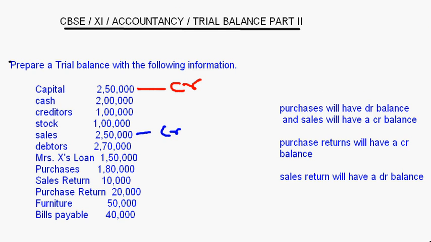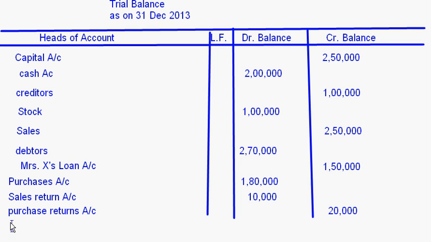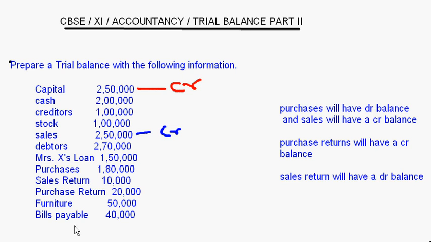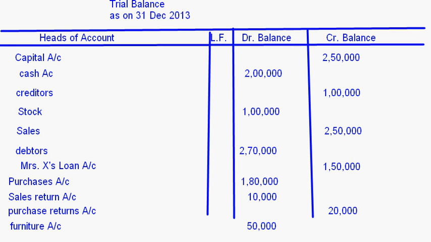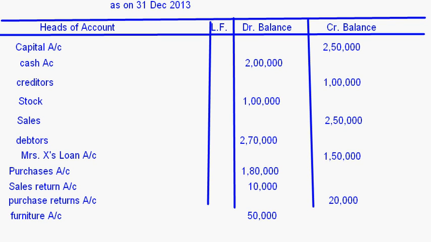After that we have furniture, which is an asset. So debit balance 50,000. Furniture account. On the debit side we will have 50,000, right? Then the last one is bills payable, which is 40,000. Bills payable is a liability, so that will come as a credit balance, right?